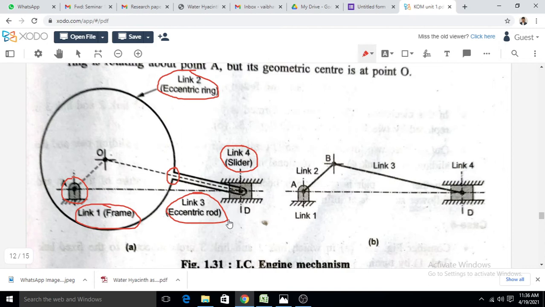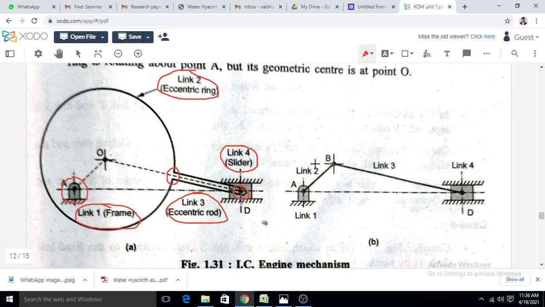The other end of the eccentric rod is pin jointed to the piston, that is link number 4. Got it? One end of the eccentric rod is an integral part of the ring and another end is connected to the piston by the pin joint.